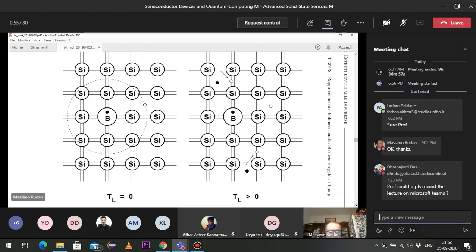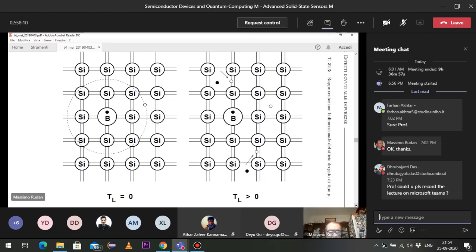situation. We start again from the condition at 0 Kelvin, and we have a material like boron that belongs to the third column. So boron has only 3 electrons in the outer shell, not 4. So there is 1 electron missing for boron. So qualitatively, in order to complete the 4th bond, boron creates an electron-hole pair.